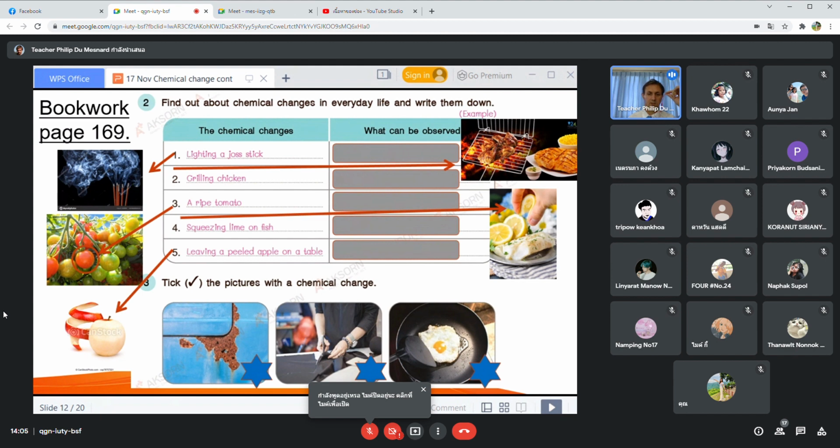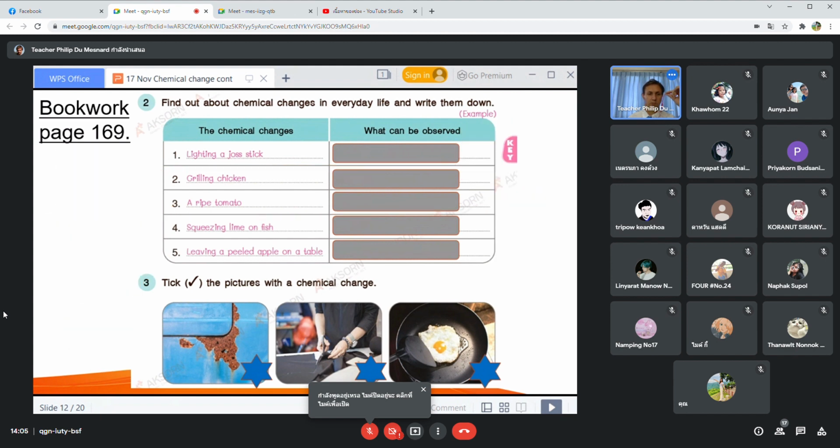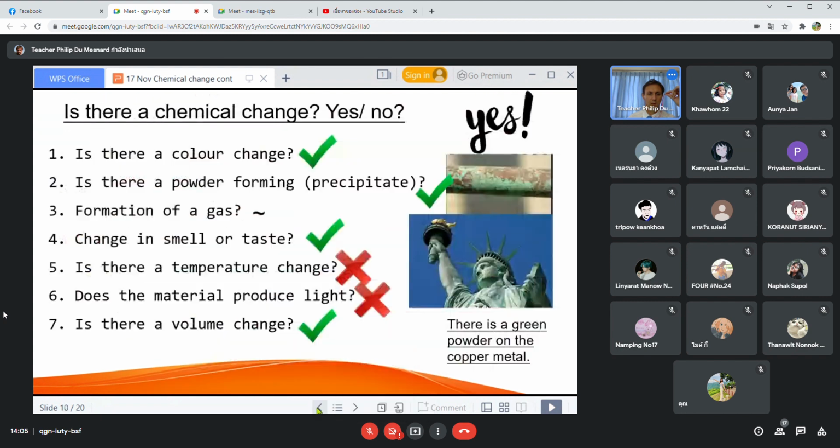Okay, let's go back to the 7 rules. Here they are. There could be a color change, maybe a powder, maybe a gas, maybe the smell is different, maybe the temperature is different, maybe there is light, or maybe there's a volume change. You have to tell me which one.